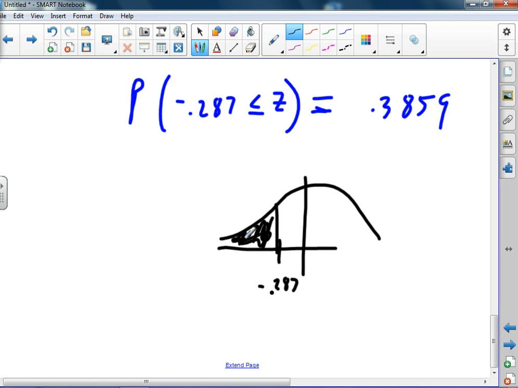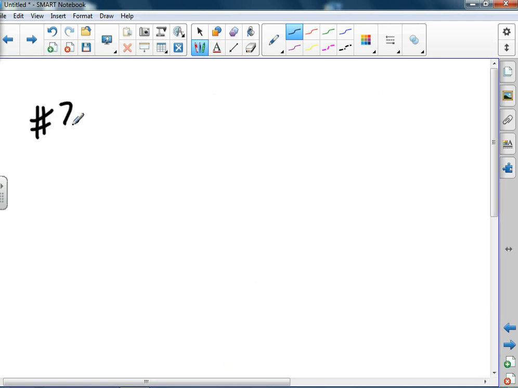All right, looking at 23. The time needed to complete a final exam in a particular college course is normally distributed with a mean of 80 minutes and standard deviation of 10 minutes.